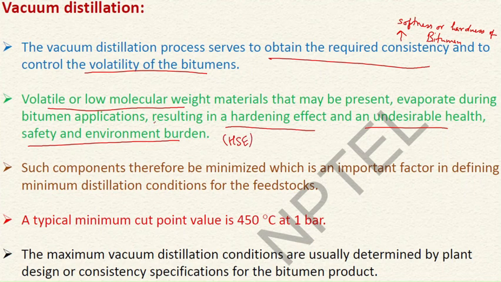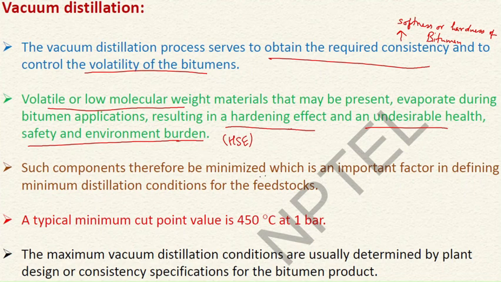So when this bitumen is heated for application, the lower molecular weight and volatile components evaporate, leaving a very harsh smell and giving a hardening effect to the bitumen. Heating of bitumen is very hazardous to your health, as the released volatiles are very carcinogenic in nature.